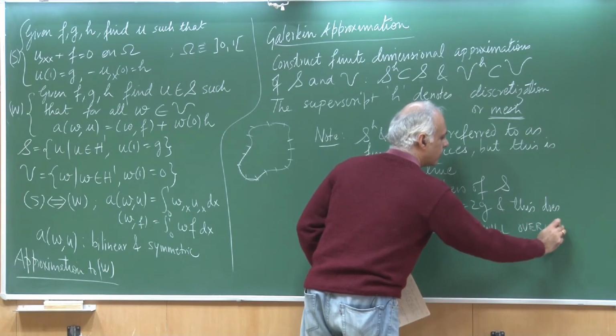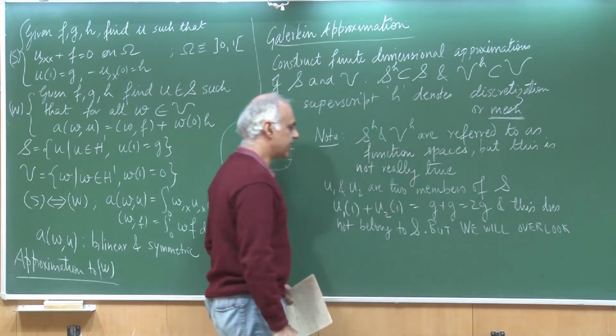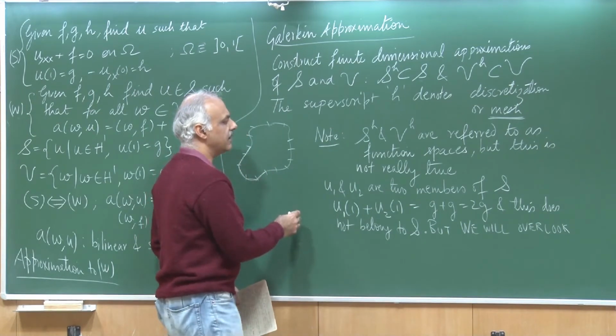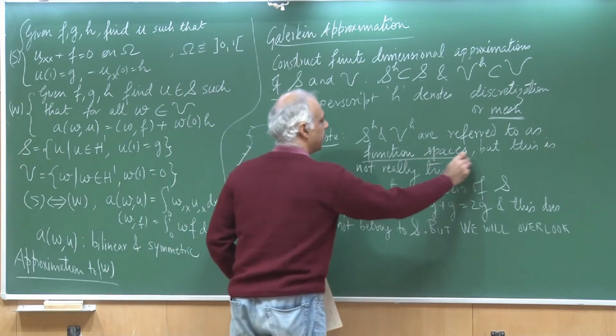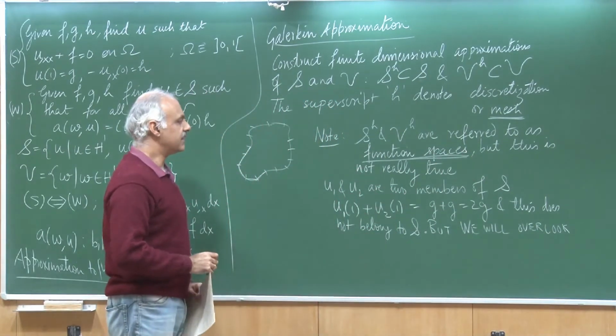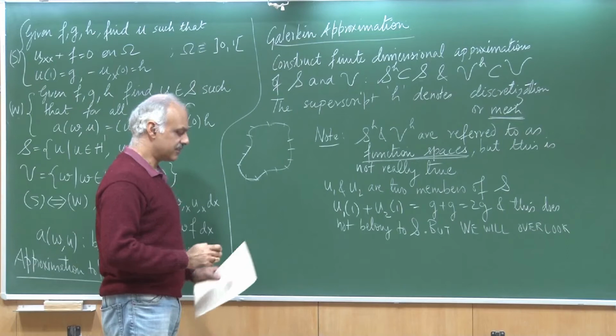So, we will not overlook the addition as such, the addition remains the same, but we would still call the space a function space, knowing fully well that it is not really closed to addition in the strictest sense.